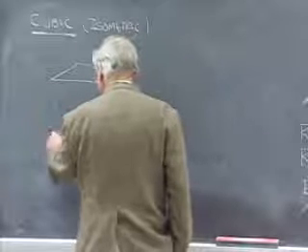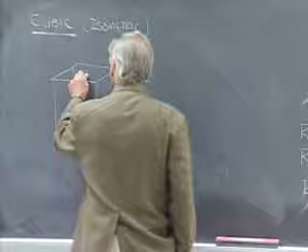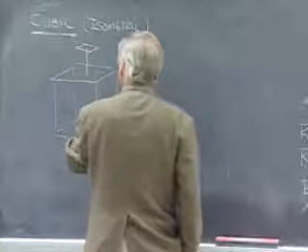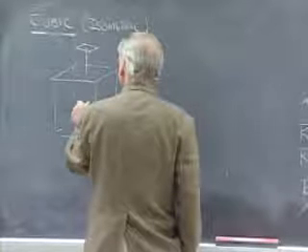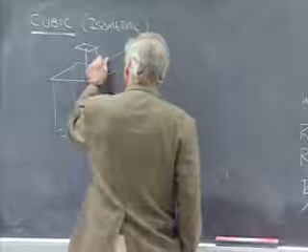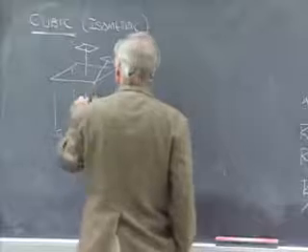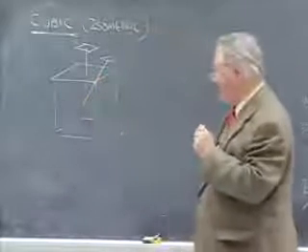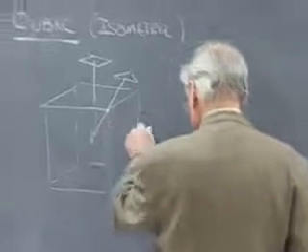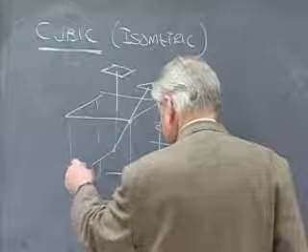by starting with a fourfold axis coming out of one face of a tetragonal cell and saying, now if this is a cubic symmetry, I have a threefold axis that comes out sort of in the direction of a body diagonal. But this threefold axis is going to rotate that fourfold axis to this direction and to this direction.